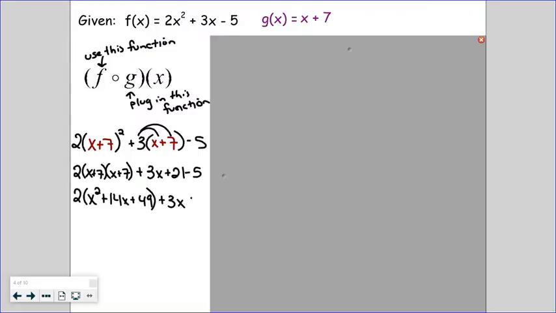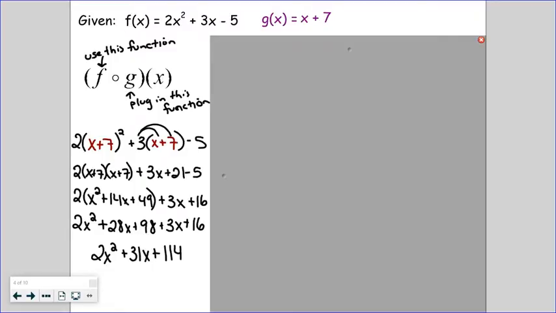Now 21 minus 5 is 16. Distribute that 2 through. And then finish out by combining my like terms here. And that would be my composition. F of g of x. Plugged g into f, cleaned it up. Okay.